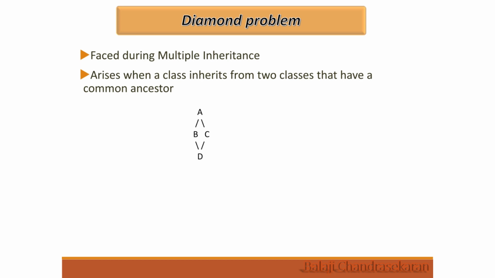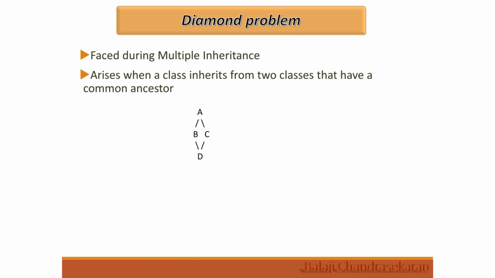Multiple inheritance is when a child class inherits the properties from more than one parent and the method signatures of the parents are the same. That is, the method name and parameters are exactly the same. Then the child gets confused about which method will be called. This problem is called the diamond problem.